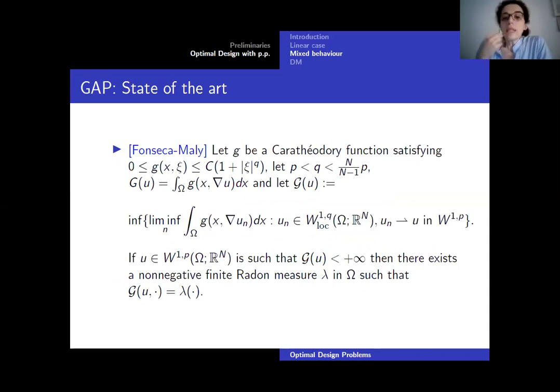Then let me say, which is our starting point: the starting point that I was mentioning is this result by Fonseca-Mali that says that if we take P and Q, which satisfy this chain of inequality, then Fonseca-Mali were proving that indeed the relaxed functional of this functional G_u is a finite Radon measure.